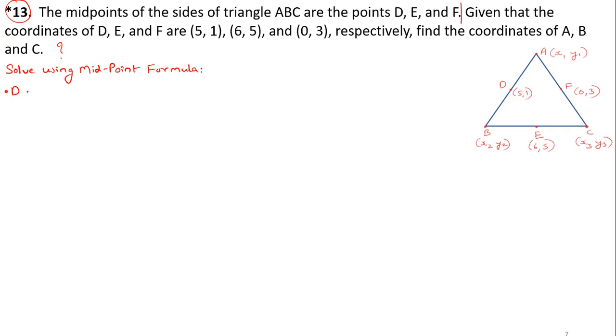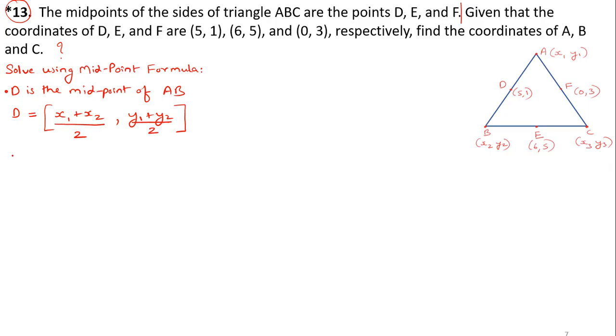So D is the midpoint of side AB, right? So what is the formula? We'll write it first. So x1 plus x2 divided by 2, this is for x, and y1 plus y2 divided by 2. With this formula we will get the coordinates of D point.